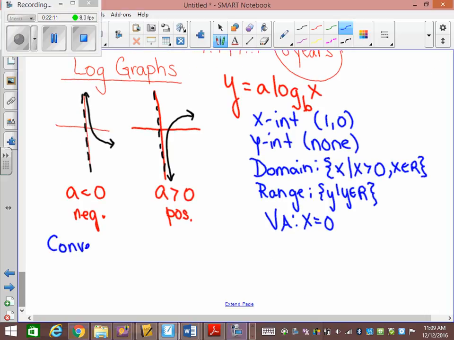Convert from exponential to log. Convert from log to exponential.